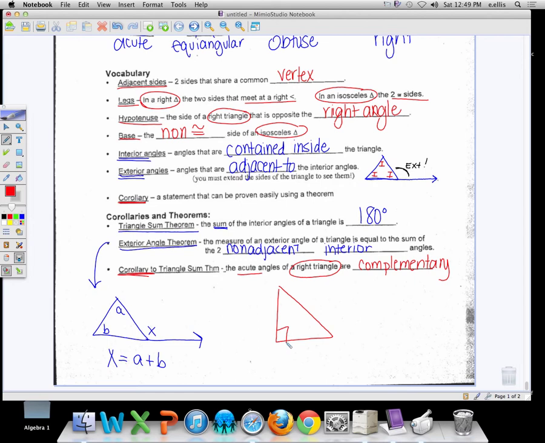We know all three corners add up to 180 degrees. Minus the 90 degrees, which makes it a right triangle, that means the remaining two corners, let's call them x and y, well, x plus y will equal 90 degrees. Eliminate the 90-degree angle, you've got 90 left, x and y, that fits the definition of complementary.